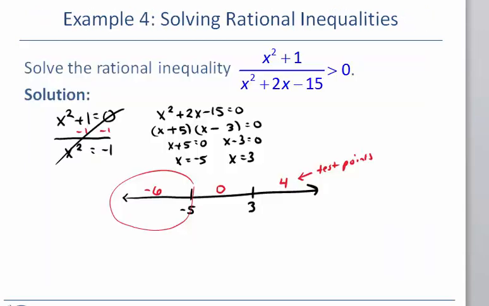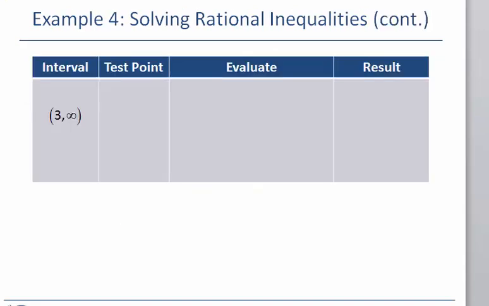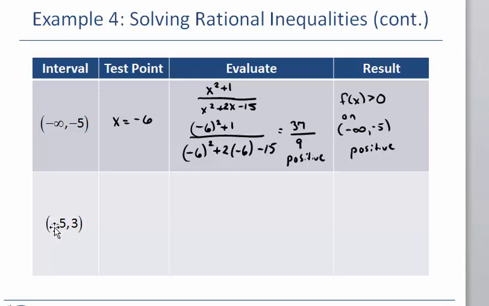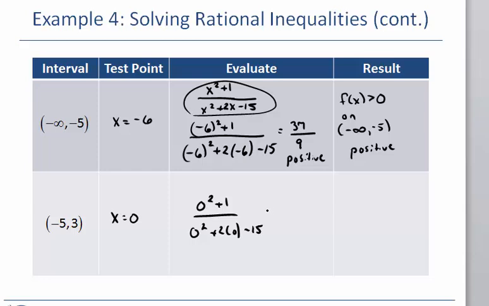Okay, so let's go back. Now we're going to look at this middle interval, -5 to 3, and our test value is 0. We're going to plug 0 into our function up here. So we'll have 0 squared plus 1 over 0 squared plus 2 times 0 minus 15.